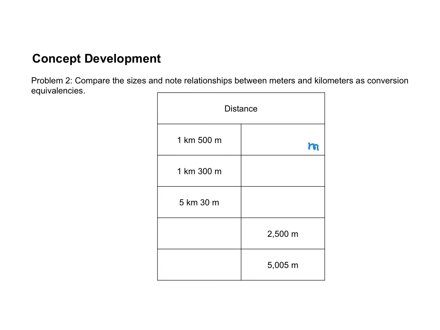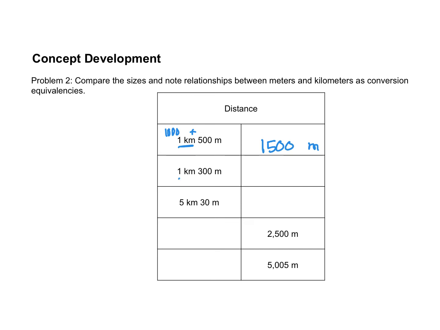So think about that. We'd need to remember that 1 kilometer is equal to how many meters? That's 1,000. And then we'd need to add that to the 500 we have here. So 1 kilometer, 500 meters would be equal to 1,500 meters.